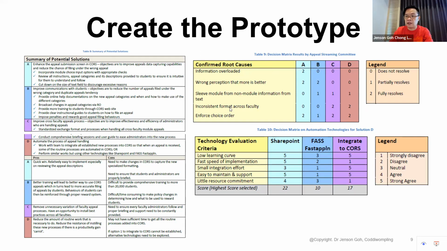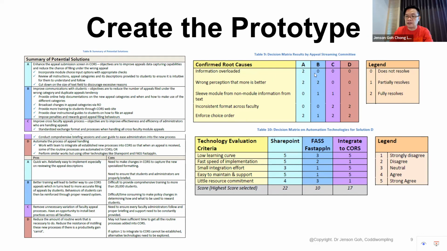These solutions are brainstormed with the committee, and we see how each would contribute to solving a confirmed root cause: 2 being fully resolved, 1 being partially resolved, and 0 meaning it doesn't resolve at all. Then we can create a tabulated numeric value for each solution on how much it is able to solve all the controllable root causes.